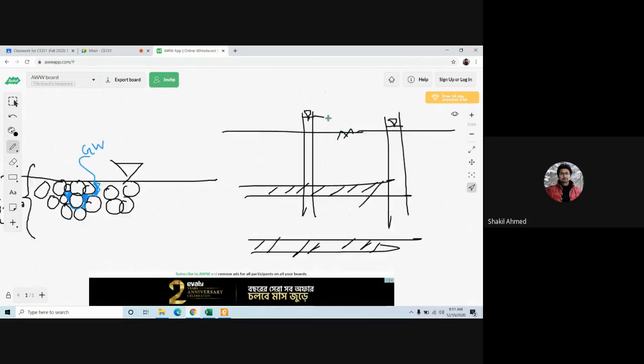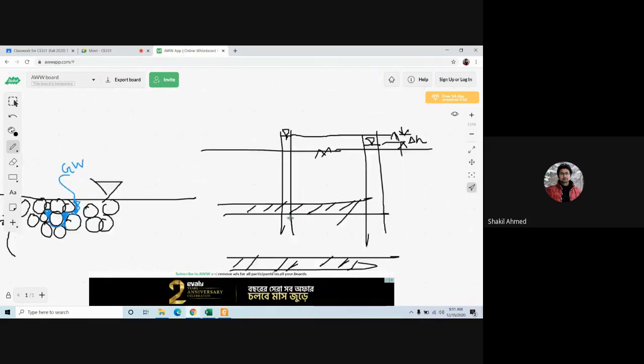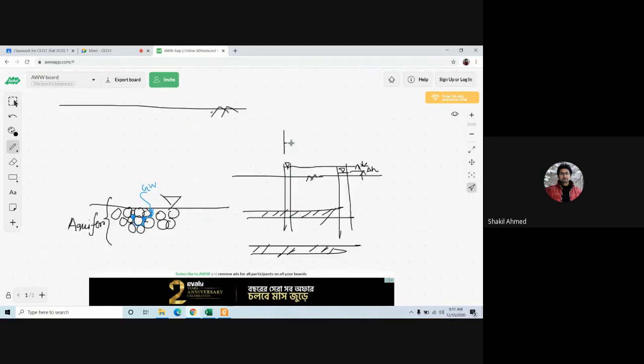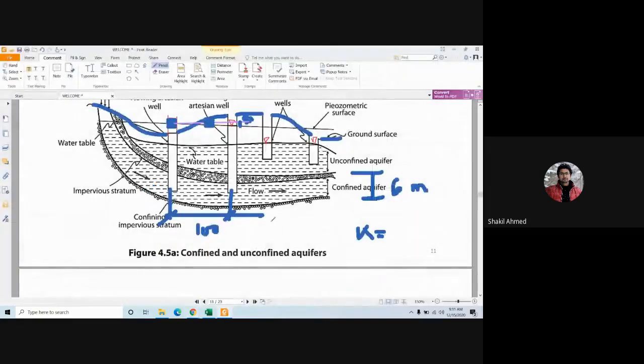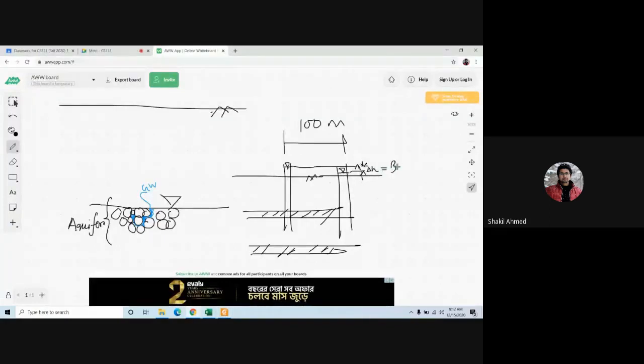So the difference in the water level is delta H. The two wells are 100 meter apart. Delta H is the difference in the water elevation in the wells, 3 meter. So delta H equals 3 meter.